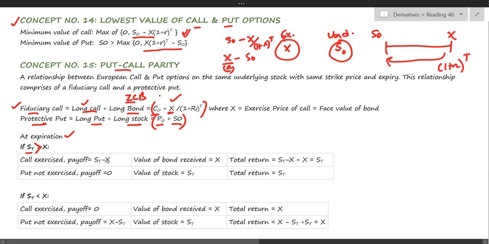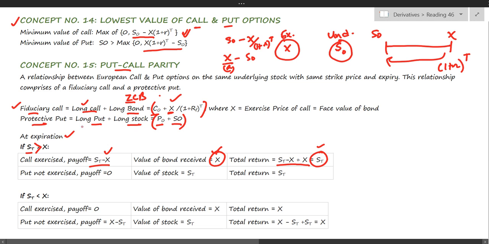It will give a payoff equivalent to ST minus X. Yes, so this C0 is giving a positive payoff. Then the value of the bond will also be received. The zero coupon bond will fetch X at the expiry, and combining these two we get a return of ST minus X plus X, that is ST.